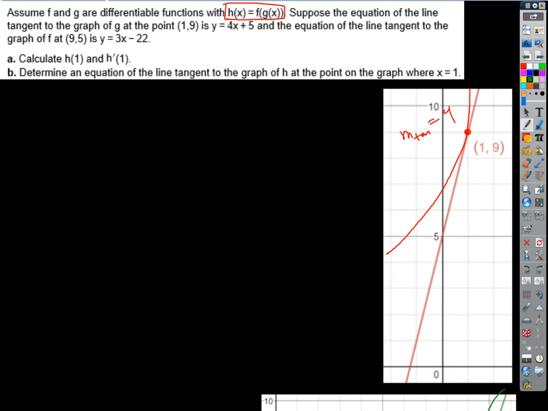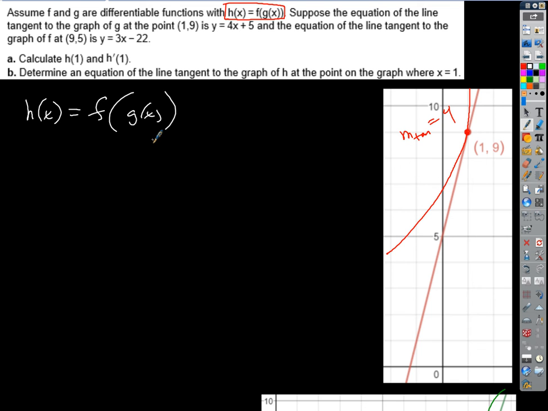All right, so what does the chain rule tell us? We don't know what the functions are, but we know that h of x is defined as f of g of x. So if I'm going to differentiate this thing, what would the chain rule tell me I'd have to do?